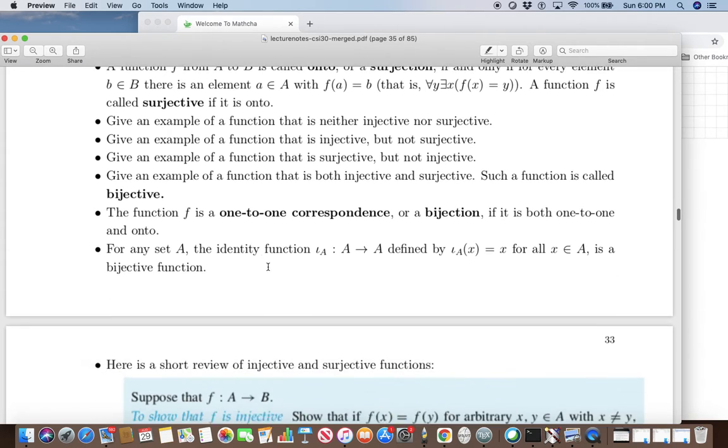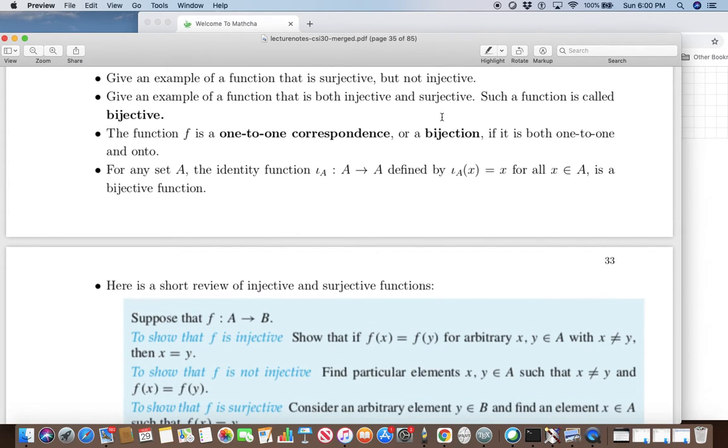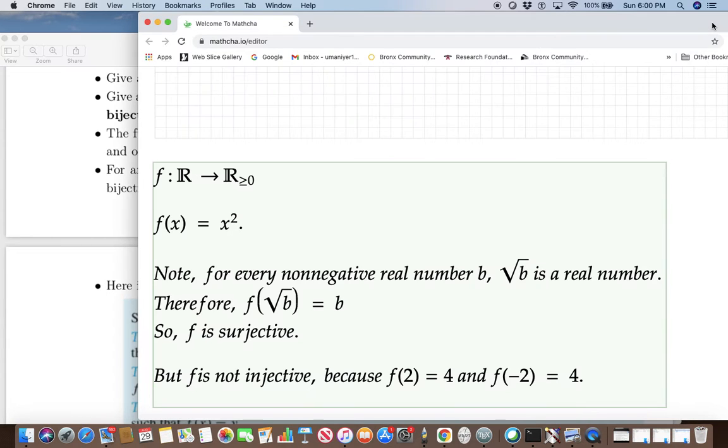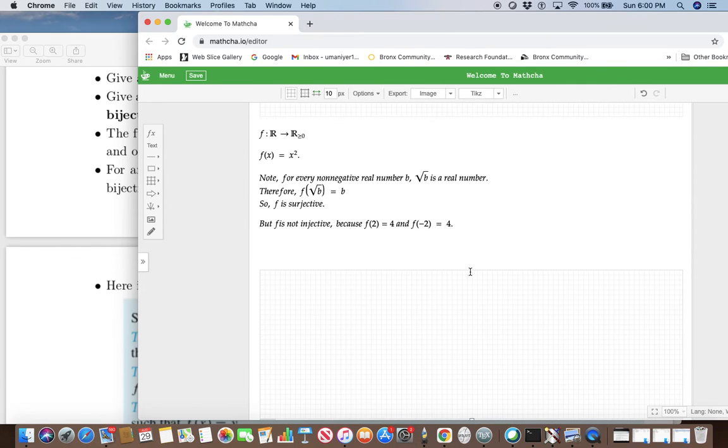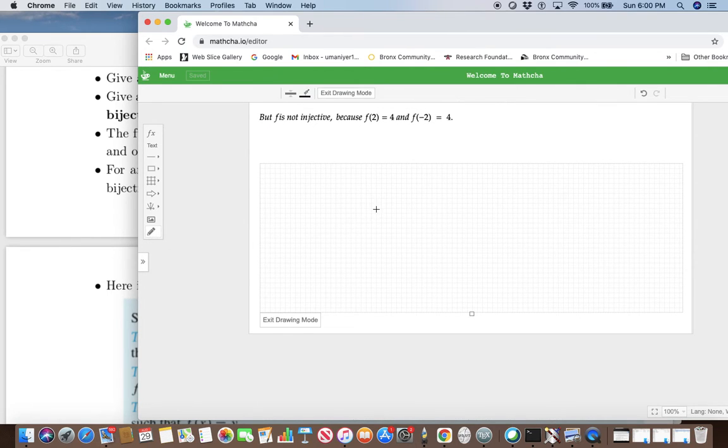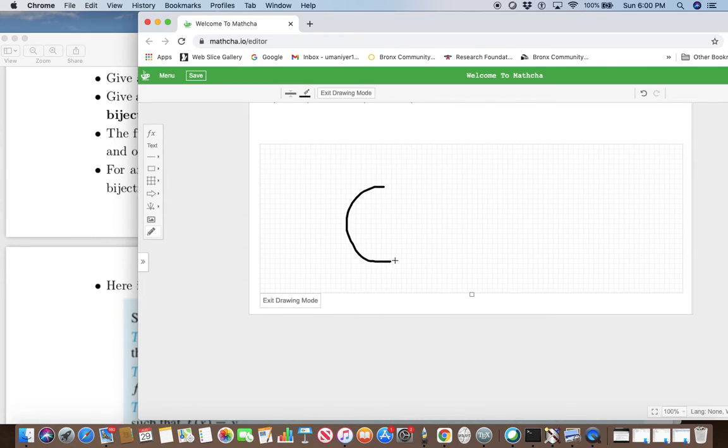Give an example of a function that is both injective and surjective. Such a function is called bijective. Let's draw a picture of a bijective function. That is my set A and this is my set B. Bijective means two distinct elements have to land in two distinct images.